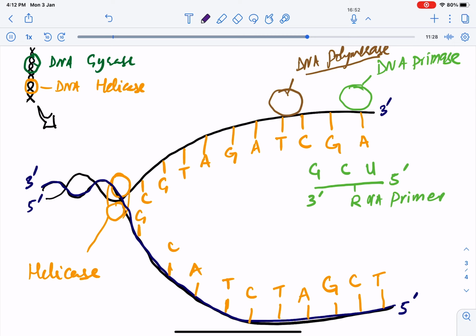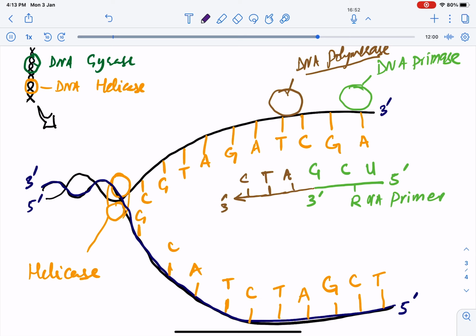So it attaches free nucleotides here. This has adenine attached here. This has thymine attached here. This has cytosine attached here. So this chain continues to grow in this direction. The free nucleotides are attached from 5' to 3' end, and this chain continues to grow in this direction.